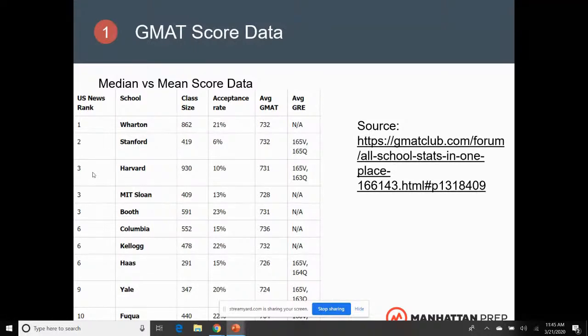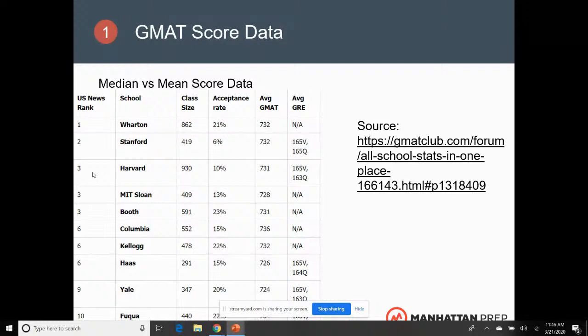You need your score to be competitive. You don't need it to exceed the average. Realistically, for these top 10 schools, you definitely want something in the high 600s. There are occasional outliers. Harvard accepted somebody who I think scored a 610 recently.